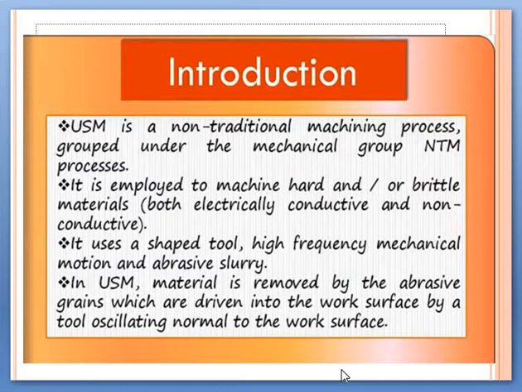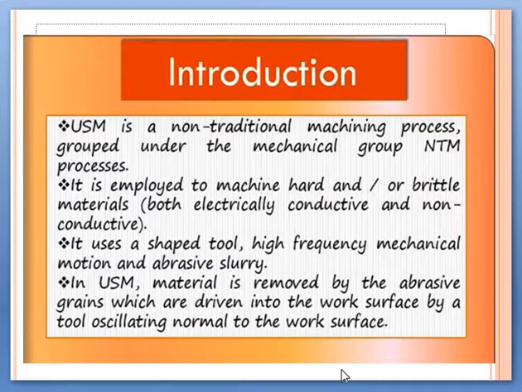The vibrations are given to the form shape tool that will push the abrasive particles in the abrasive slurry against the work surface so that the material is removed from the surface of the workpiece.